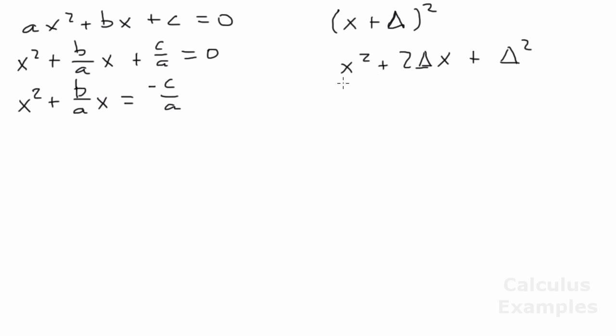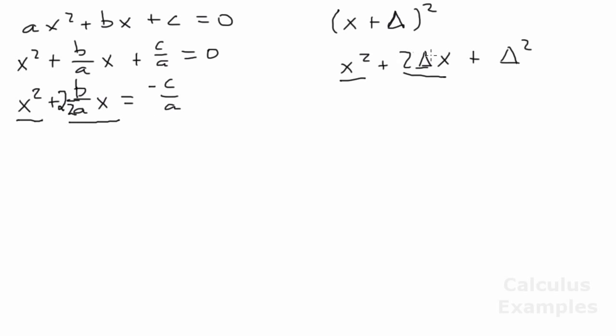Alright, so let's match. This x squared matches this x squared. And this term looks sort of like this term, however it doesn't yet have a 2 sitting out in front. And we can do that easily by just multiplying by 2 and dividing by 2. Right?